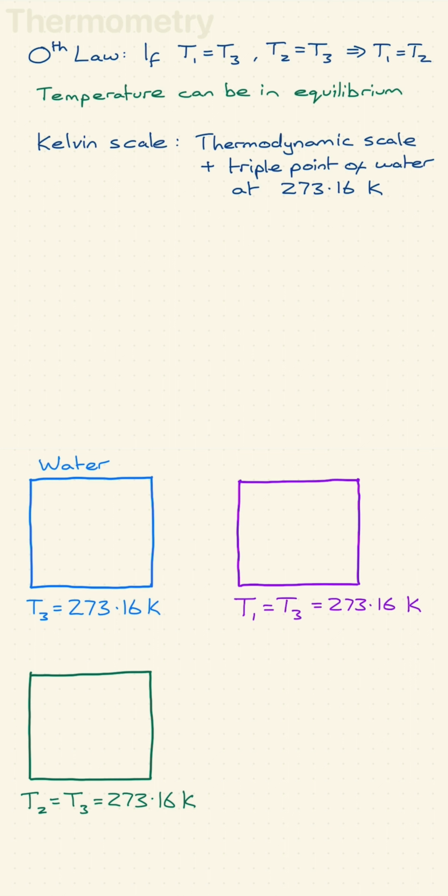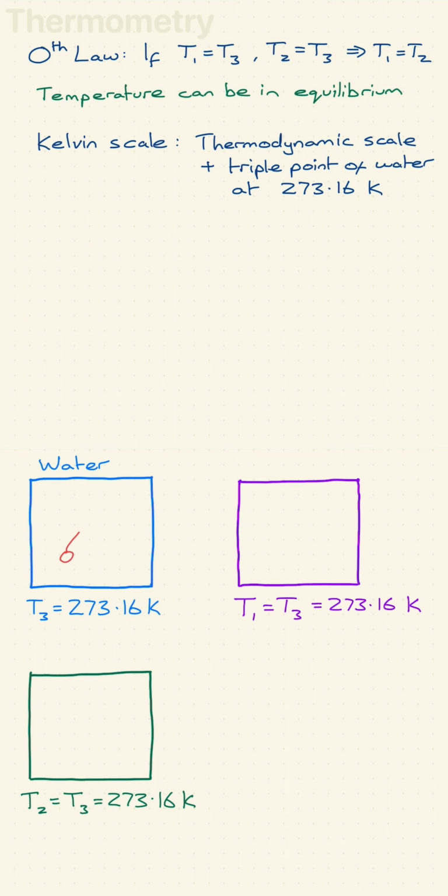Because of the zeroth law, I have total confidence now that T2 is the same as T1. Now that might seem all nice and obvious, but surely you have seen before that sometimes what seems obvious is not correct. So for this, we need to have total confidence because our whole world of thermometry is going to depend on it.